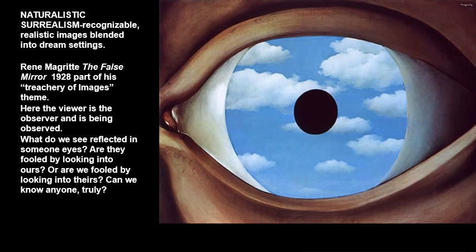Can you be fooled by what they look like? Are they being fooled by what they see in you? And eyes are reflective, remember. So do they see us truly? Can we ever really know anybody inside? That's the treachery of images.